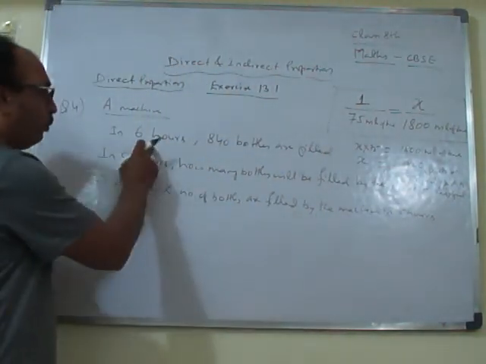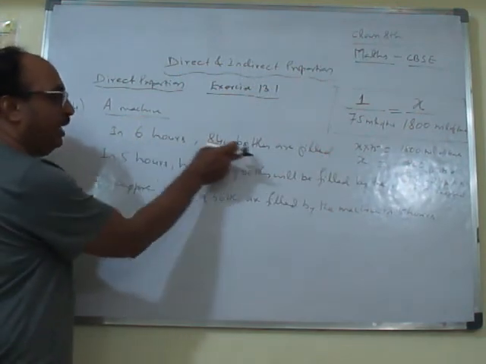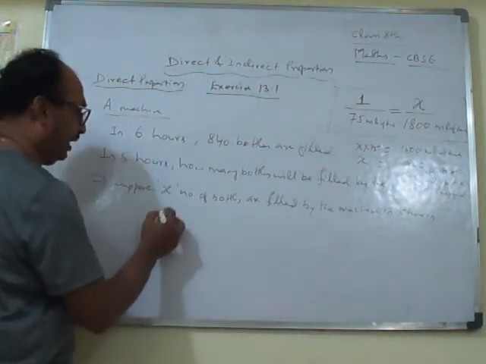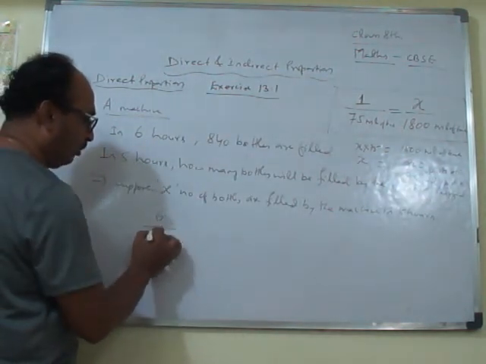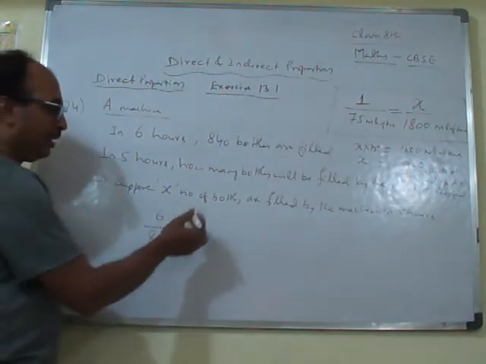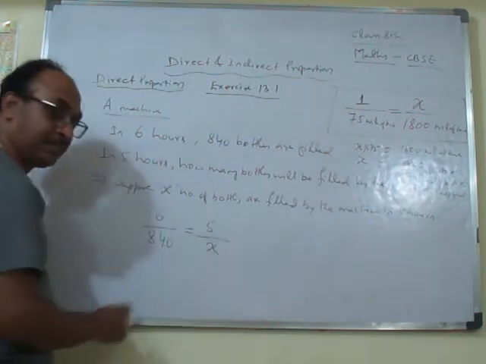Then how will we make the proportion? If we are going for proportion of time and number of bottles, from the first sentence we get 6 hours divided by number of bottles equals, here, 5 hours divided by number of bottles X.